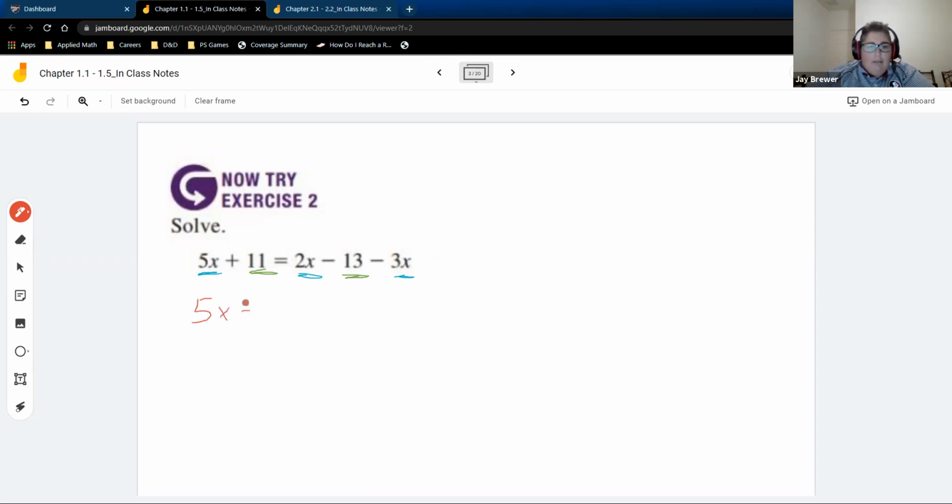So I'm going to leave the 5x alone for the moment, and I'm going to work on the right-hand side. 2x minus 3x is going to give us a negative x, minus the 13. So basically, we only did one step there, and that's okay. You can do these as quickly or take as many steps as you need.